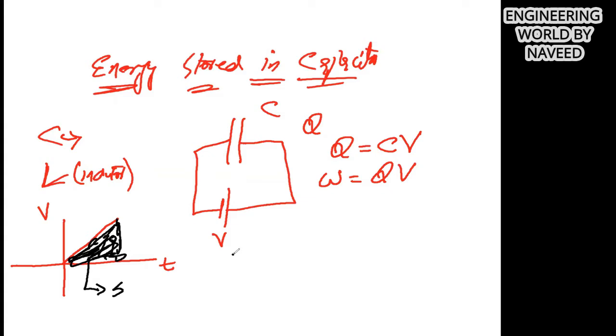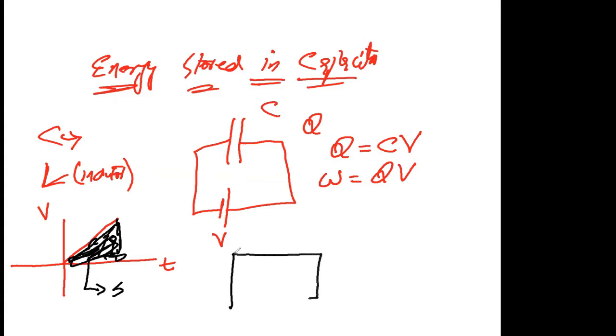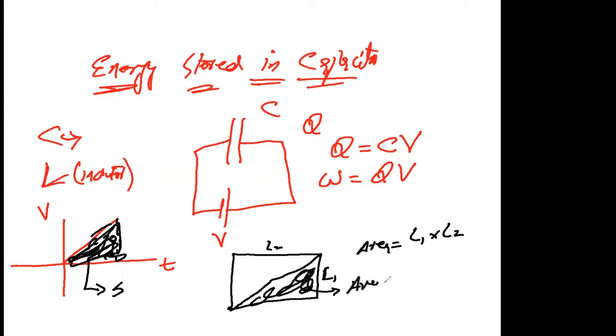We know that to find the area, it is the product of this side, L1, and L2. In this case, as this is half of this rectangle, this area will be equal to half of the whole area, L1 times L2. L1 is this width and this is length. L2 is this one.